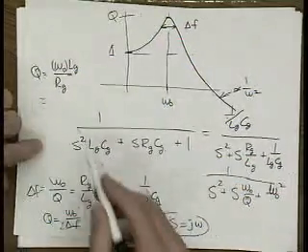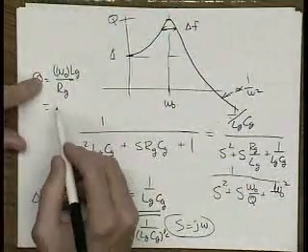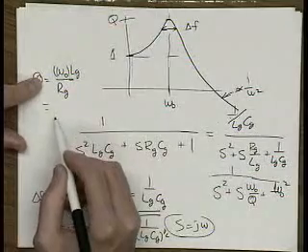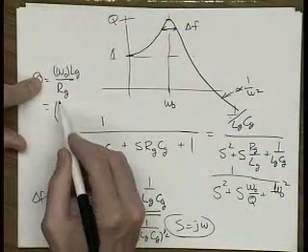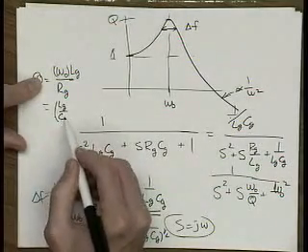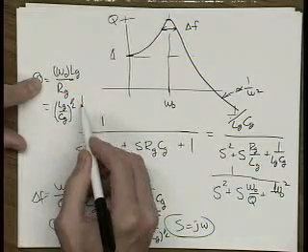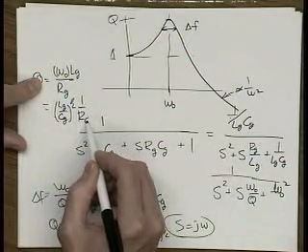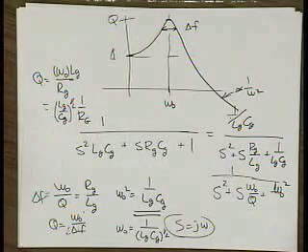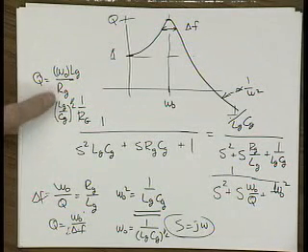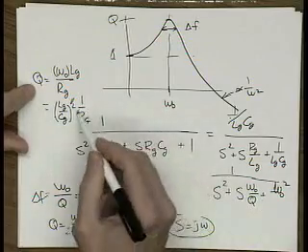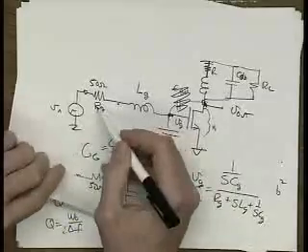So I plug in omega naught here, and I end up with this being LG over CG to the 1/2 over 1 over RG. Is that right? Yes. So this Q gets larger as this gate resistance is smaller. So you make this number smaller.